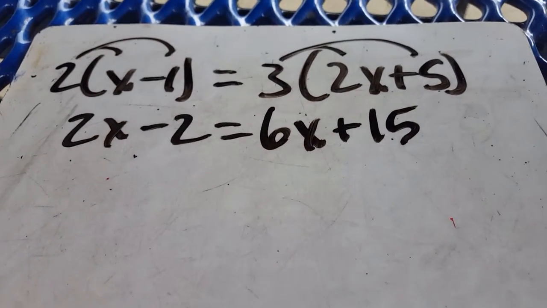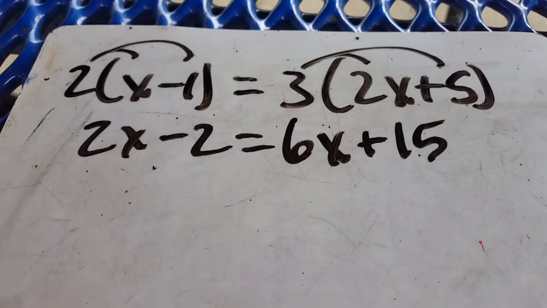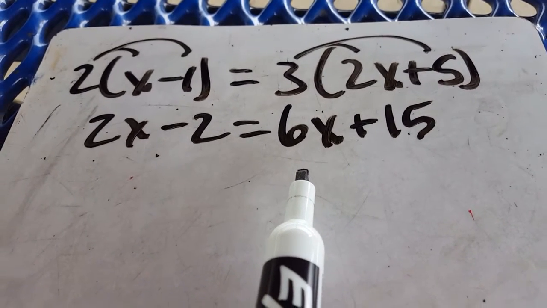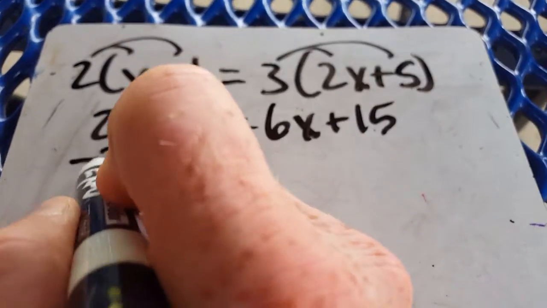And now we have x's on both sides, so we want to get all the x's on one side. What I usually do is figure out which side has the most x's and move them from the other side to this side. So I'm going to move this 2x over there.